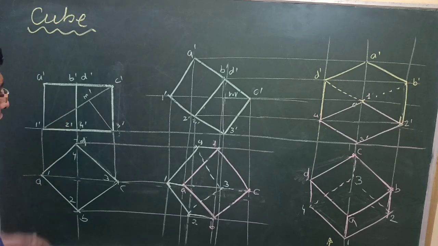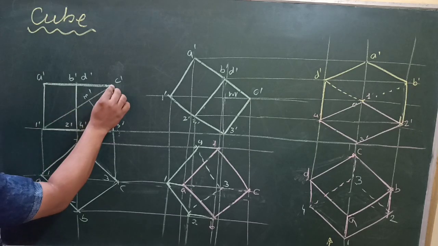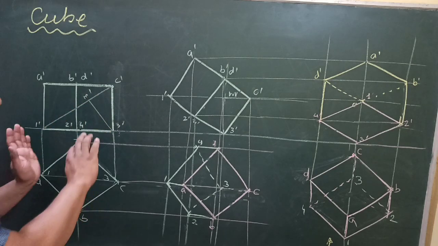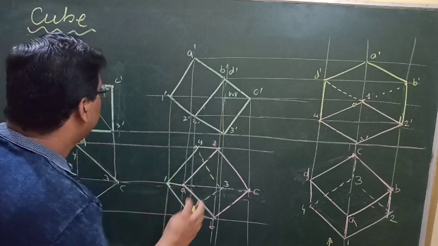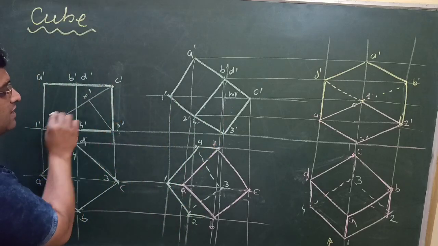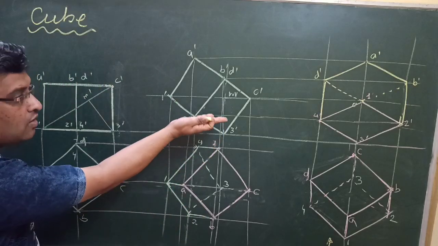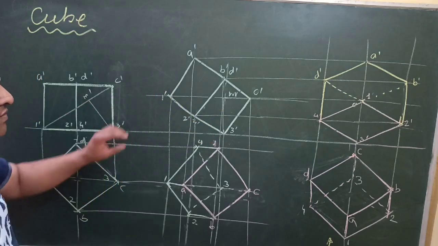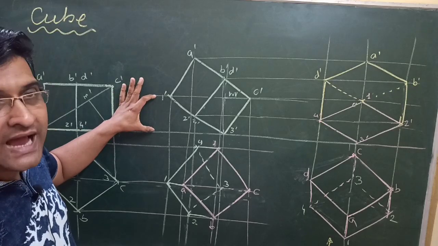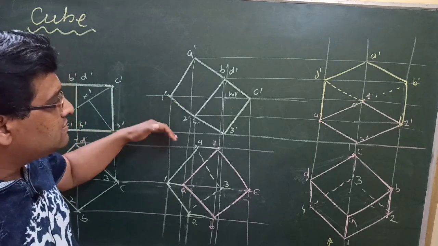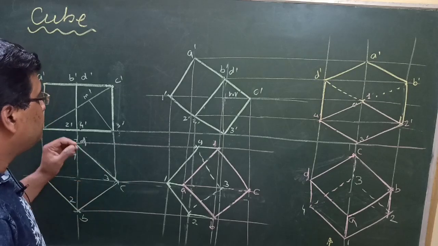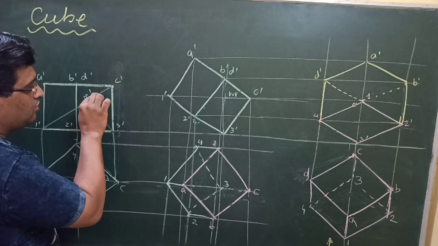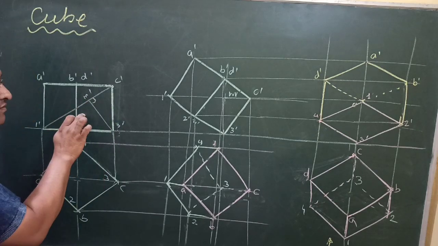So initially I have drawn it in this manner. I joined 1 dash with C dash. So this is the solid diagonal. Now what to do? In the next figure you have to make this line parallel to the XY line or HP. So draw a perpendicular from 3 dash to M dash so that we can find this distance, this height from XY. 3 dash M dash is perpendicular to this solid diagonal in the front view.